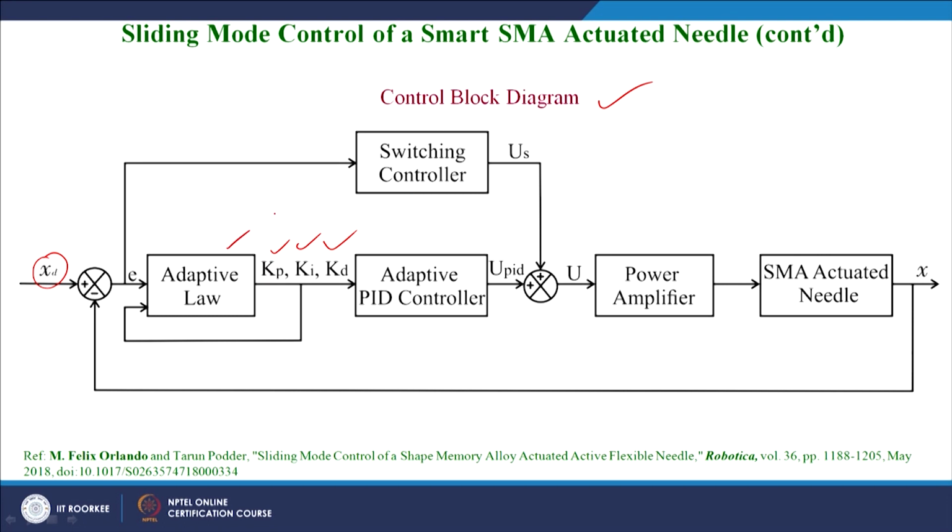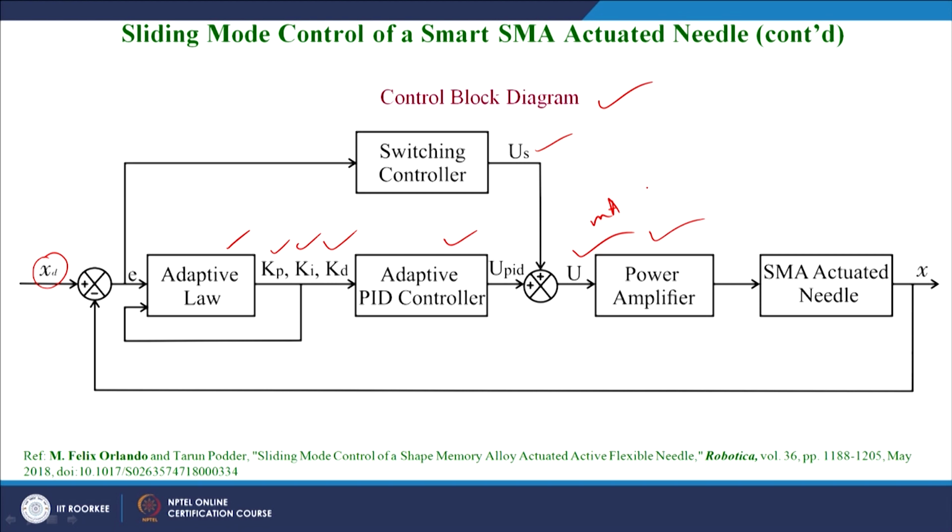The controller is the summation of the switching controller and the equivalent controller, which is US plus UPID, and that control signal is fed to the needle through the power amplifier, because the current to the needle before the power amplifier is in milliampere. So, that must be amplified to the ampere range.